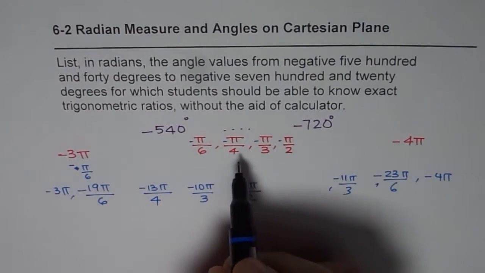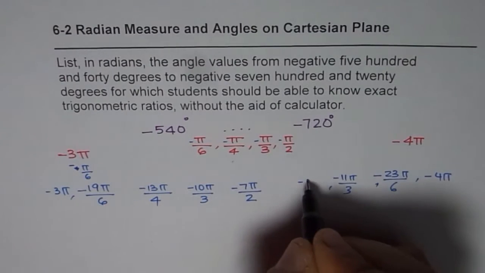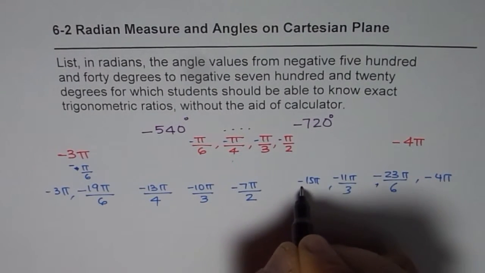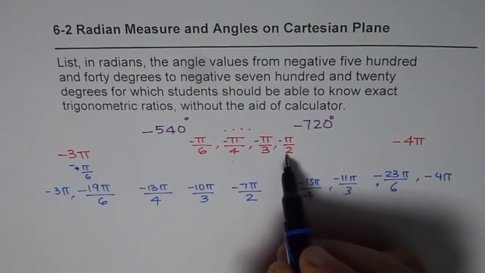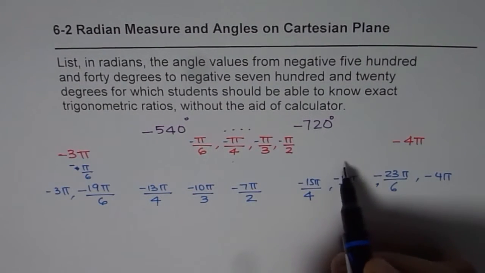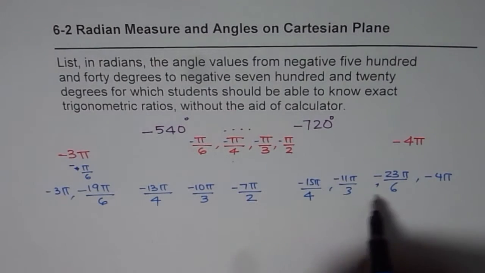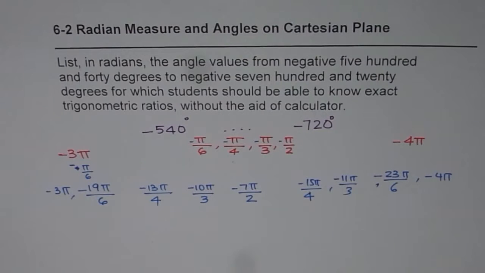And then 4: 4 times 4 is 16, and 1 less will give us minus 15 pi by 4. I changed the order anyway. And with 2, 2 times 4 is 8, and adding 1 less, minus 7 pi by 2. So you get your numbers. I changed the position, but in any way you get the idea.